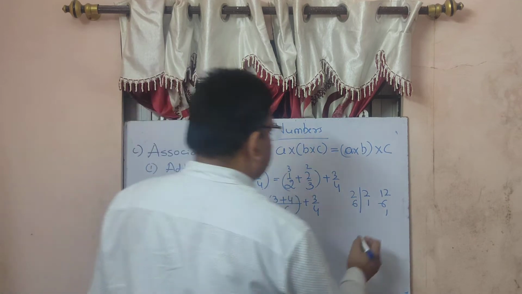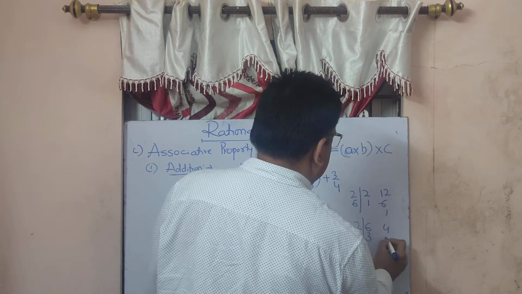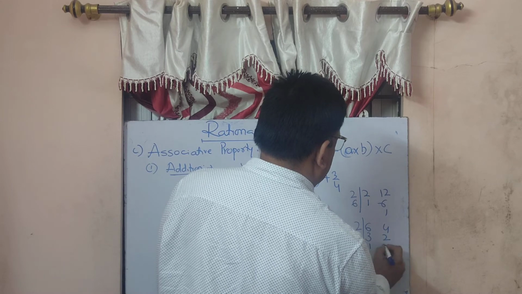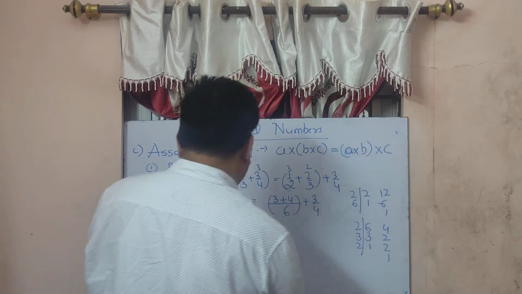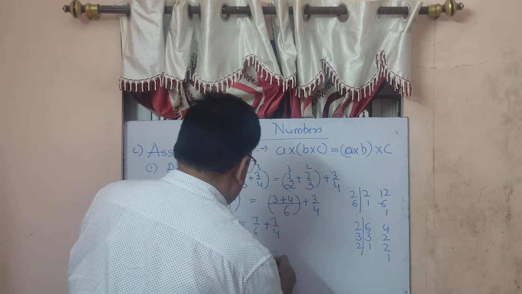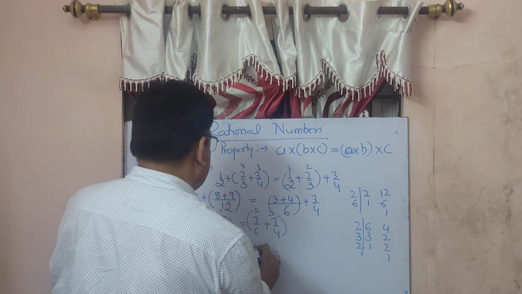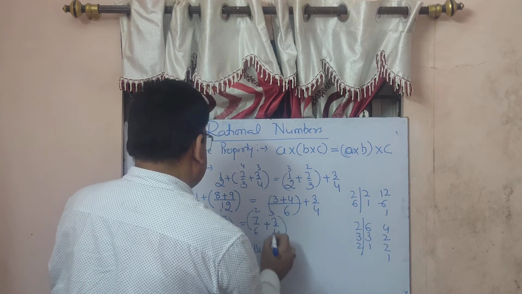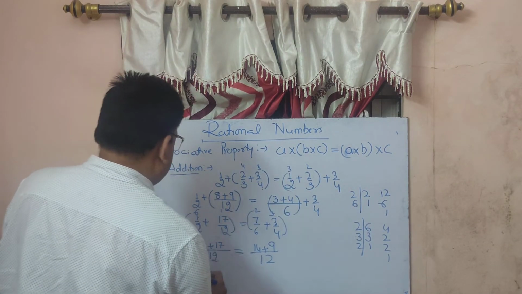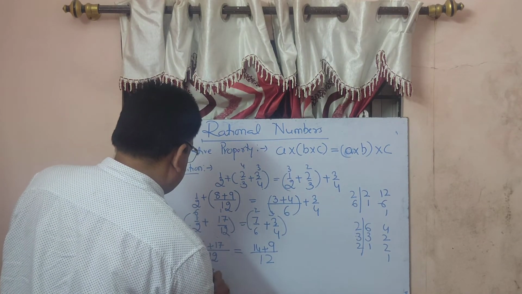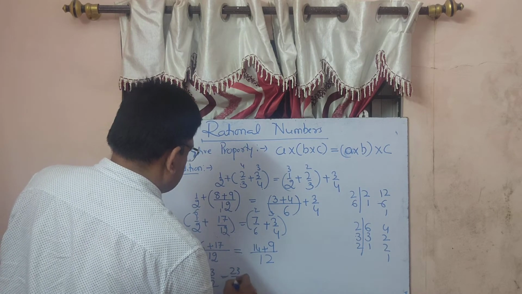And 6 and 4, what is the LCM? 12 is the LCM. 6 2s are 12, 4 3s are 12, 7 2s are 14, 3 3s are 9. Now 17 plus 6 is how much? 23 upon 12. 14 plus 9 is 23 upon 12.